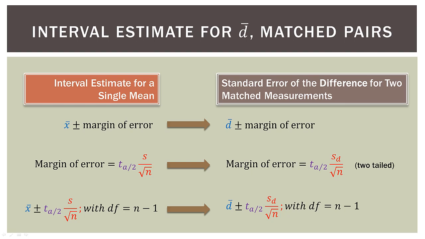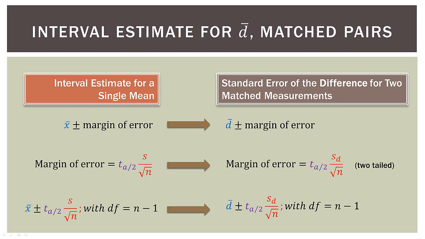We put all those together on each side, and our interval estimate in the single mean case is x bar, our sample mean, plus or minus our t sub alpha over 2, which is our two-tailed t value, times the standard error. And that's with the degrees of freedom of n-1.